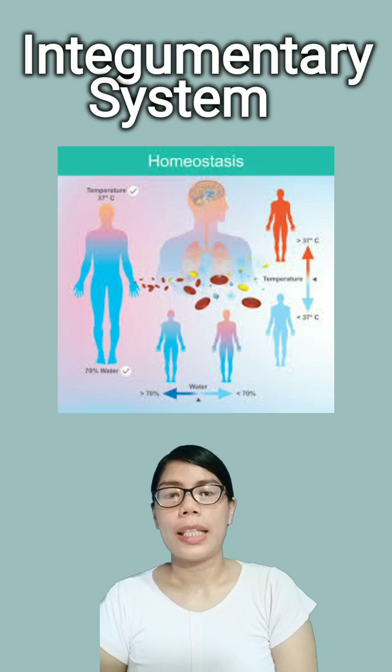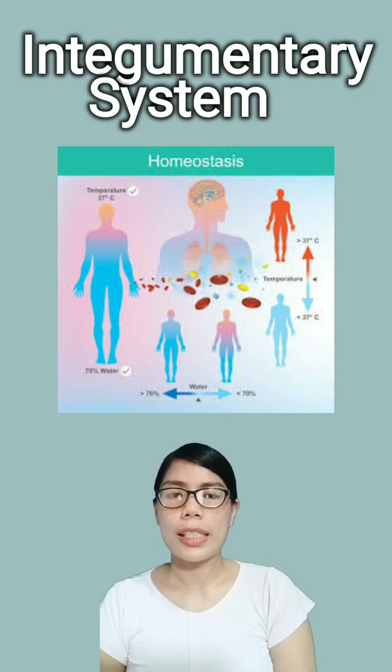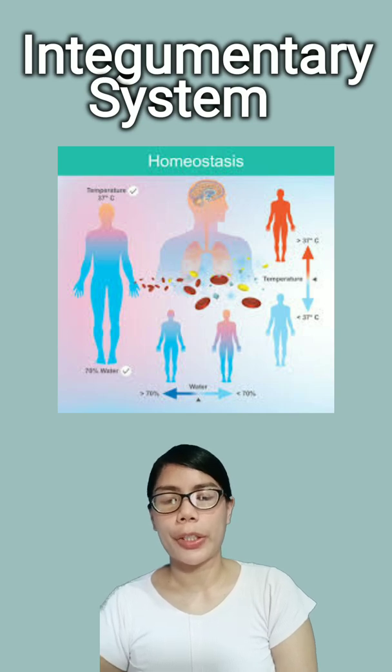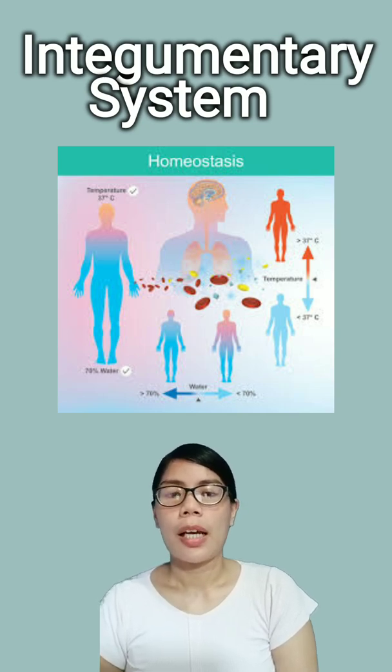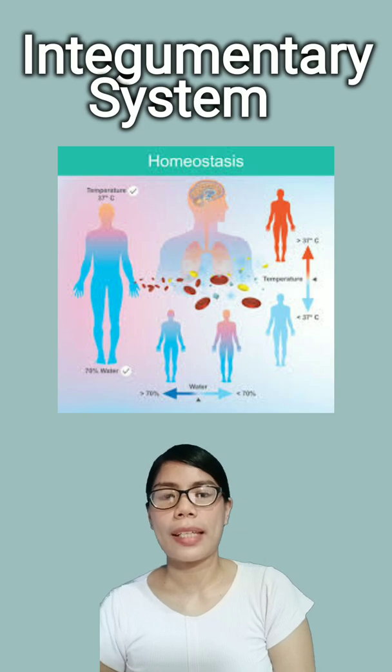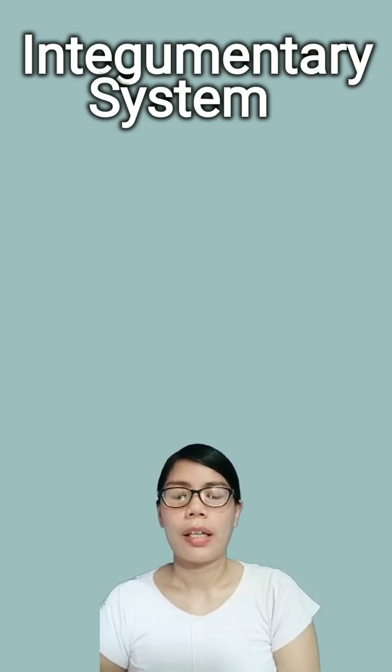For example, the skin works with the immune system to defend the body from pathogens by serving as a physical barrier to microorganisms. Another is to control body temperature, the skin works with the cardiovascular system to either lose body heat or conserve it.